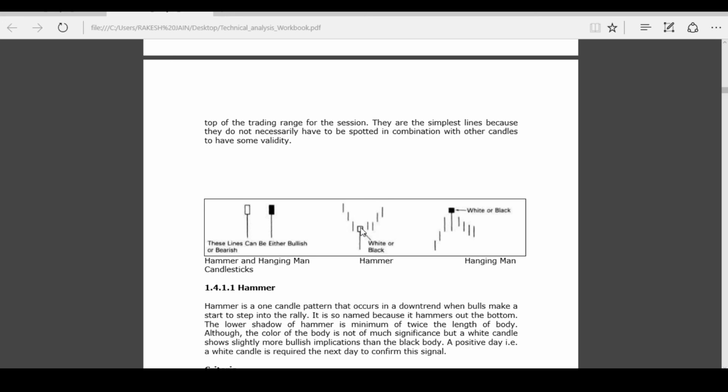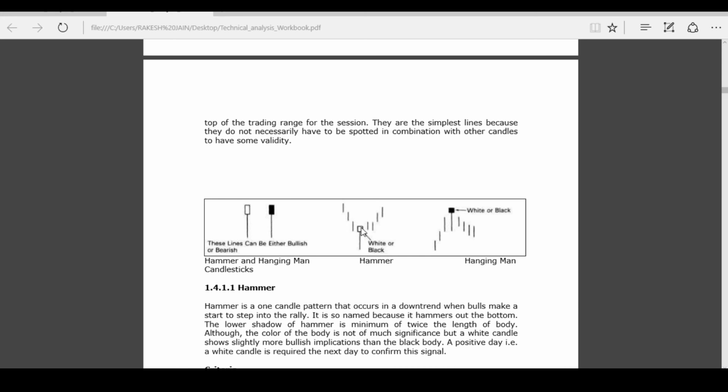So 225 is the high of the day, and the closing point is also 225. So when it's a green hammer, or a white hammer, I can say, the closing and the high are almost the same point.